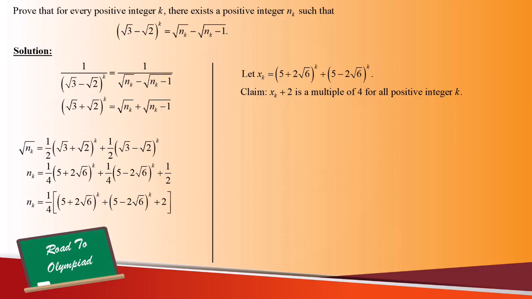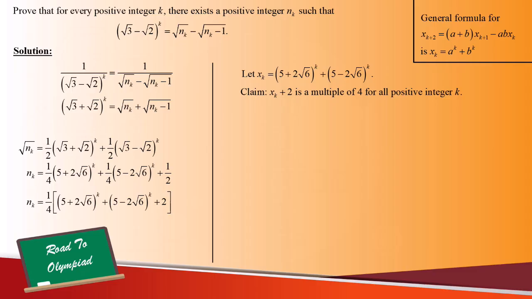Recall that the general formula for the recurrence relation x_{k+2} = (a + b)x_{k+1} − ab·x_k is x_k = a^k + b^k, which is something similar to the x_k that we have.